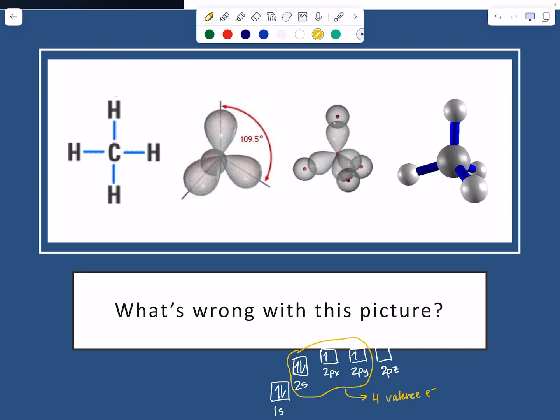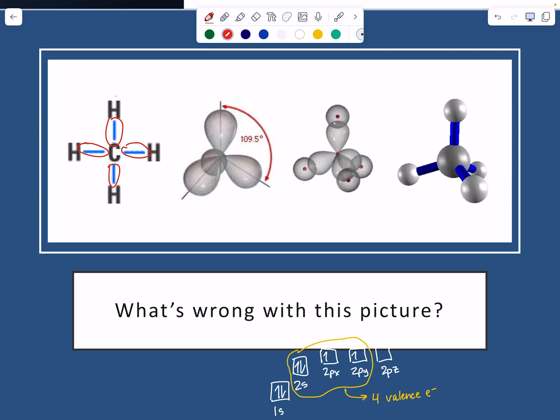So when we say that carbon is going to make 4 bonds, we're going to have overlap with an electron that's in a 1s orbital in the hydrogen atom. And if we're going to have overlap between the carbon valence electrons and the hydrogen valence electron, some of those valence electrons are going to be in an s orbital, and some of them are going to be in a p orbital.